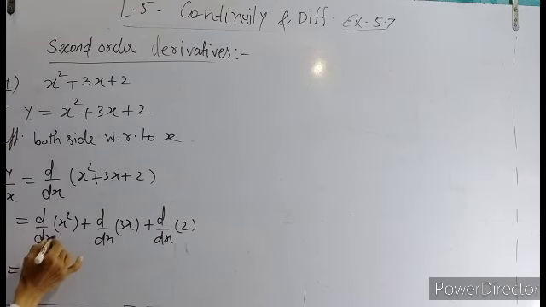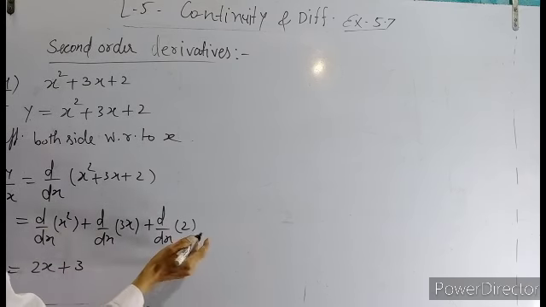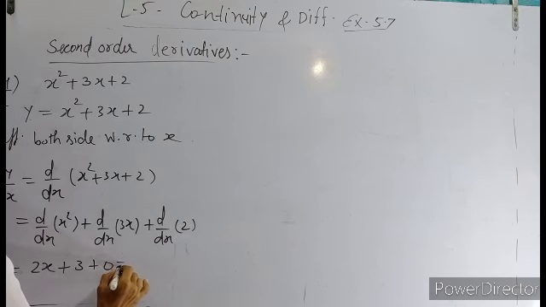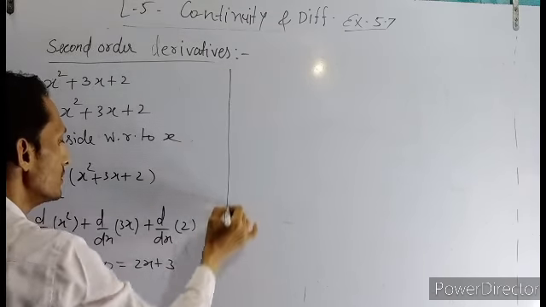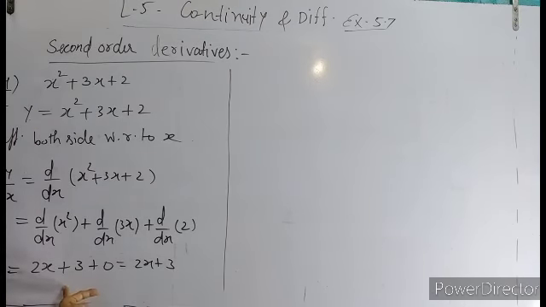The differentiation of x square with respect to x is 2x. Then the derivative of 3x is 3, and the derivative of the constant 2 is 0. So dy by dx is 2x plus 3. This is the first derivative of the function.